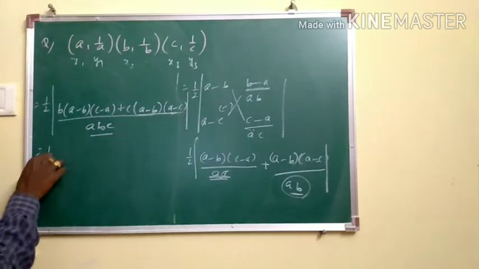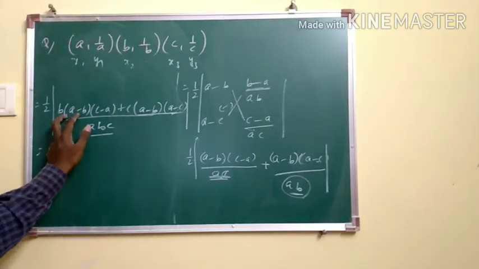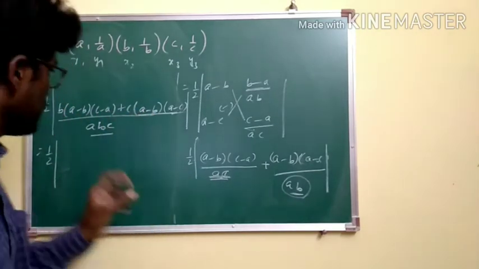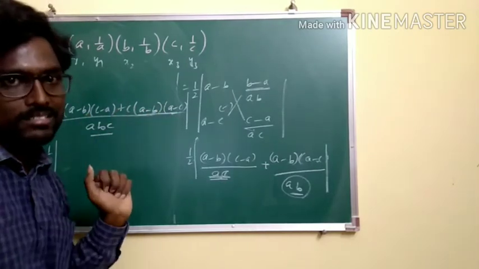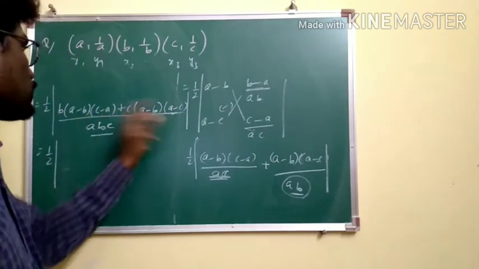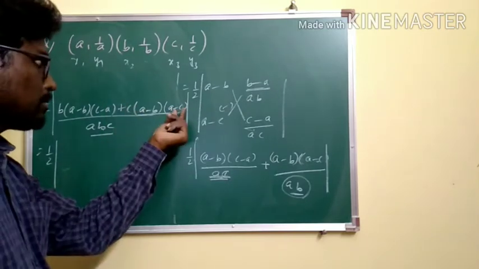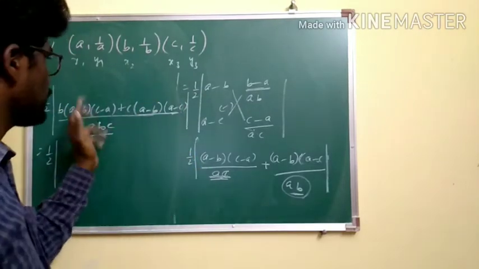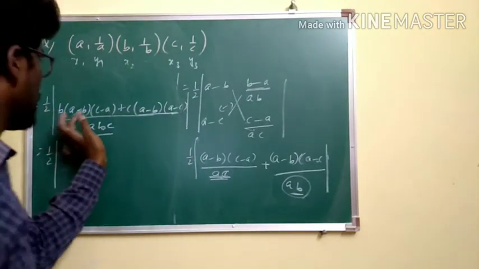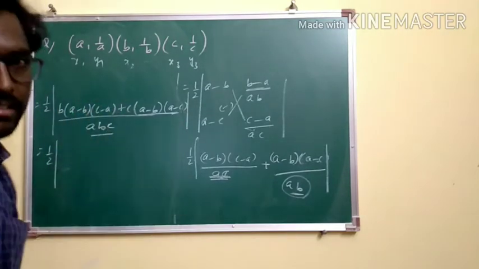Half. Now you notice properly, A minus B is a common term, C minus A and A minus C. We have C minus A and A minus C. To make these two terms common, what can be done? Here we can take minus common factor, so that this term also becomes C minus A. Already here we have C minus A. And hence A minus B, C minus A are common factors, so that we will be getting B minus C as the factor.